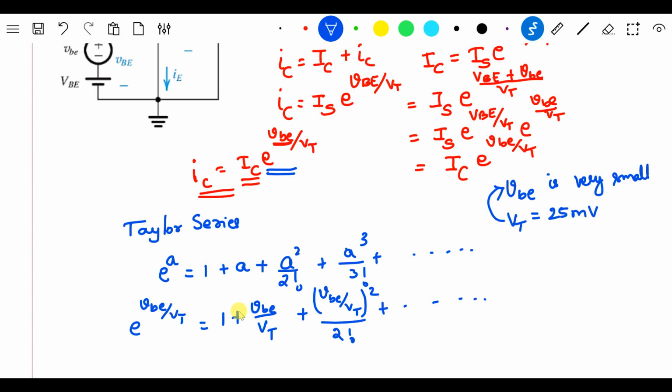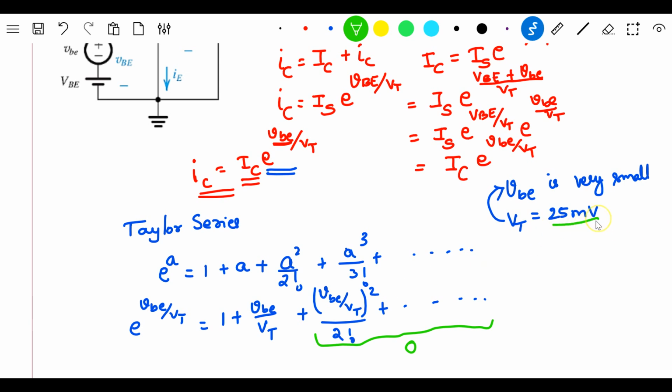So the vb by VT the whole square, the whole cube and all, the entire term after this will be approximately equal to 0, because you are going to square the denominator term.